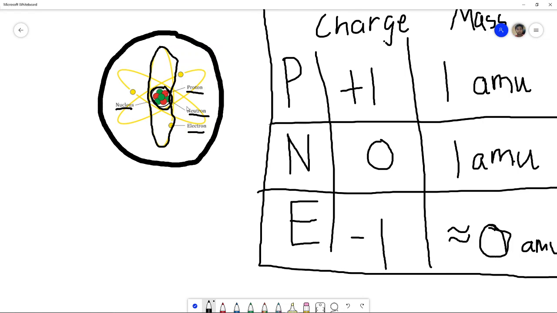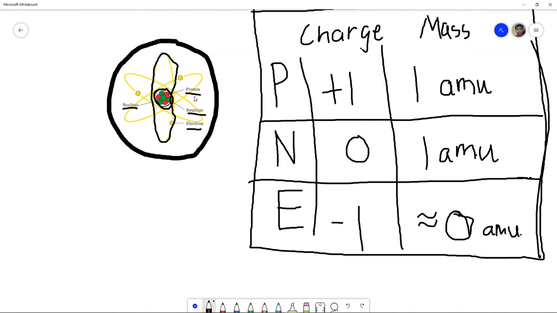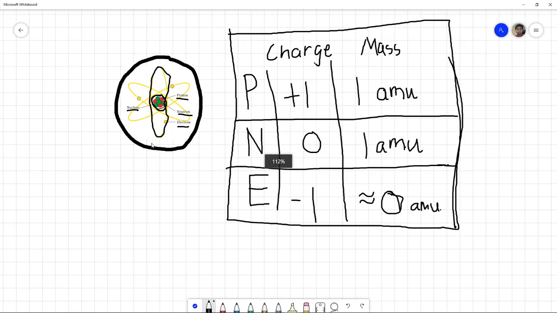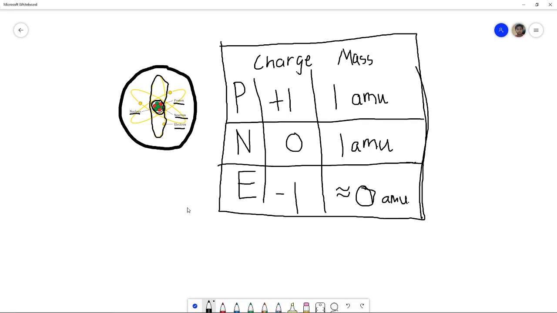And as you can see, the protons and neutrons are located inside the nucleus. The nucleus is just a dense ball of protons and neutrons, which has a positive charge.